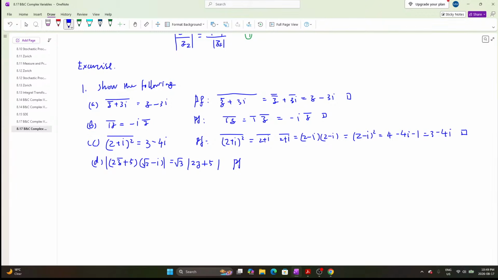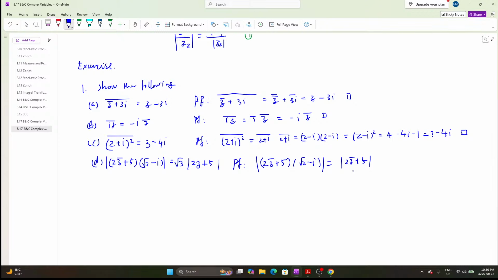So let's do the proof. On the left-hand side, you have 2z bar plus 5 quantity times square root of 2 minus i, taking modulus. We want to get rid of the bar, but can we do that inside here? Let's try.